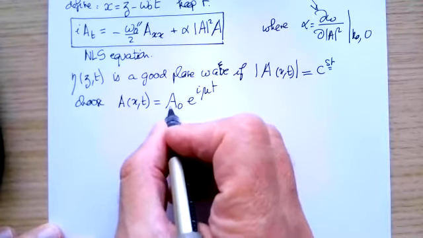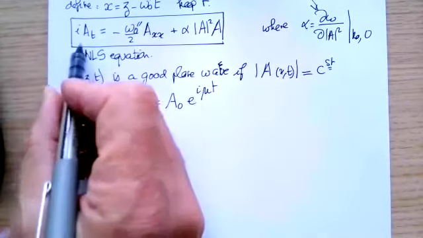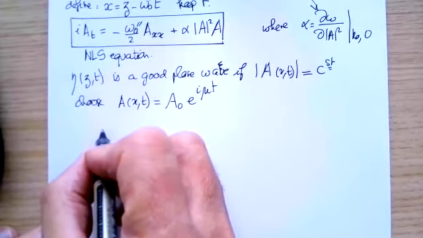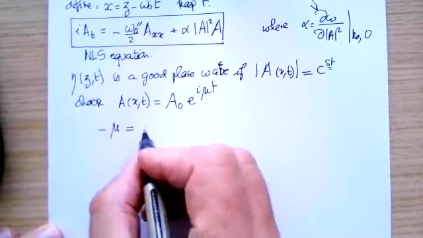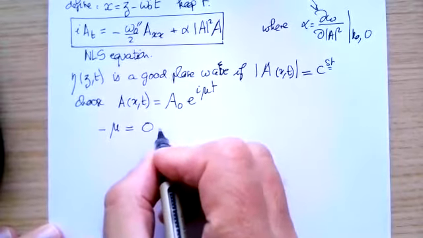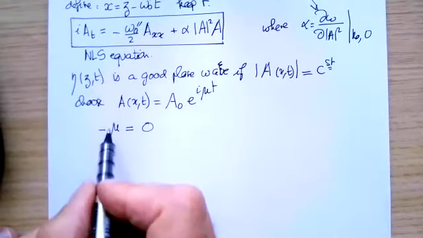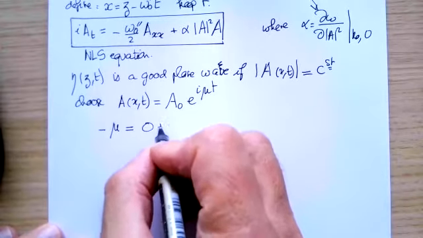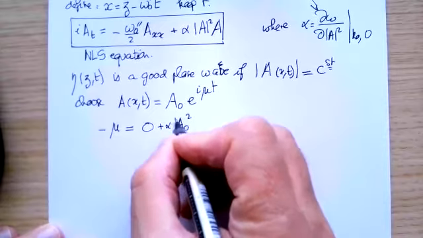A naught factorizes, the phase here also factorizes, but when you derive, you would have minus mu, right? Because i mu times i, it's minus mu, equals 0 plus alpha A0 square.